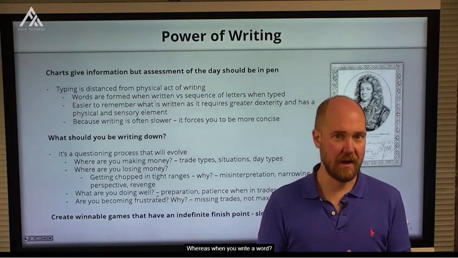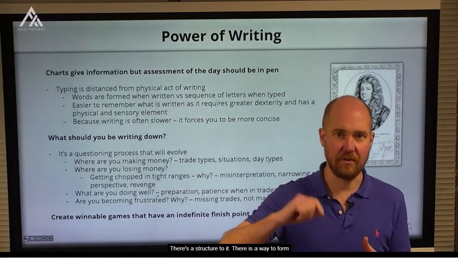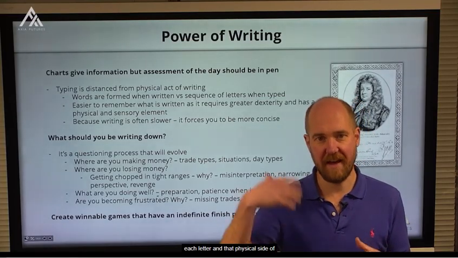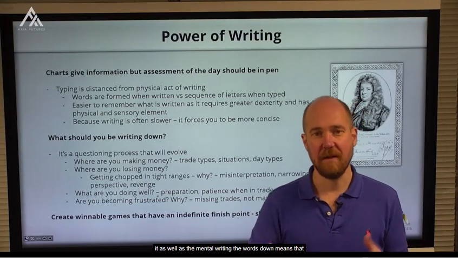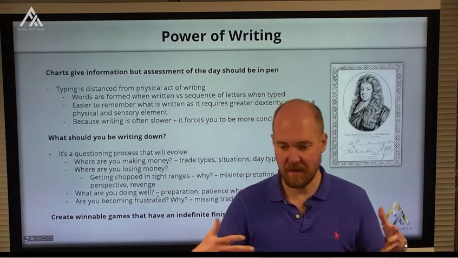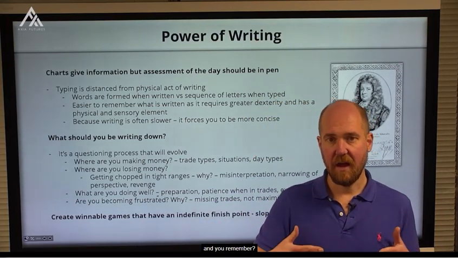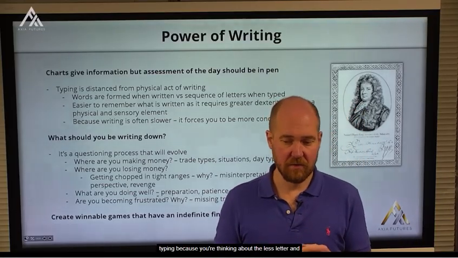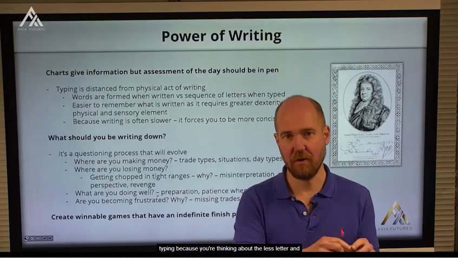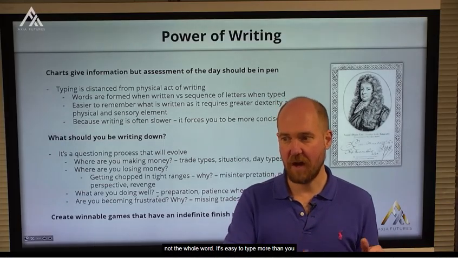Whereas when you write a word, there's a structure to it. There is a way to form each letter, and that physical side of it, as well as the mental side of writing the words down, means that you get these things down more clearly and you remember writing them. The other aspect is, when you're typing, because you're thinking about the next letter and not the whole word, it's easy to type more than you need to.